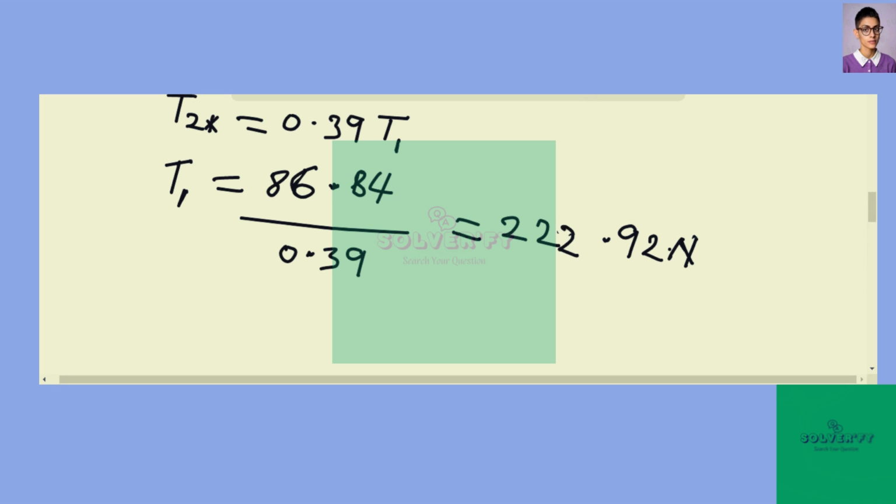Of course, this value is equal to P, because we have already defined on the belt that P is equal to T1. So the force P is 222.92 Newton. That's the maximum force that is required.